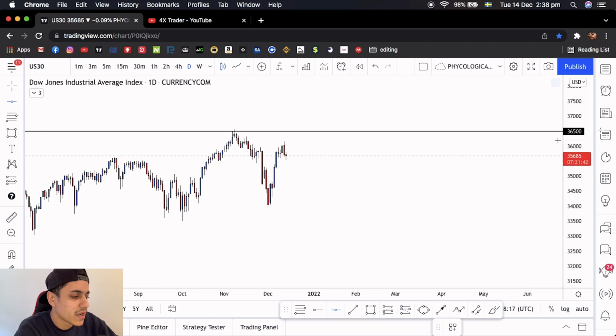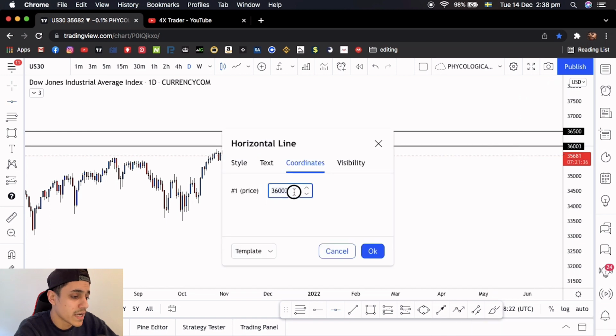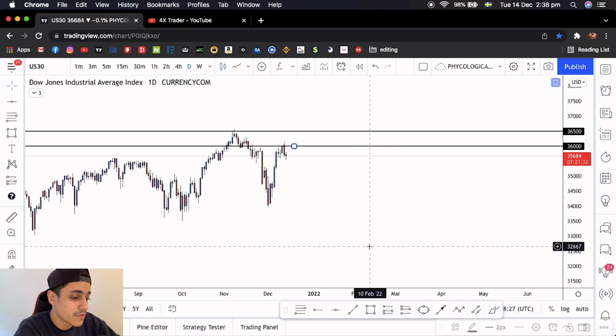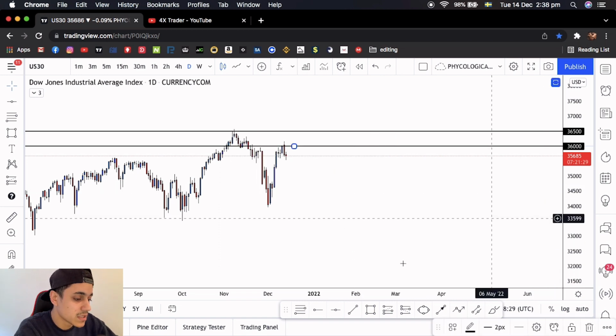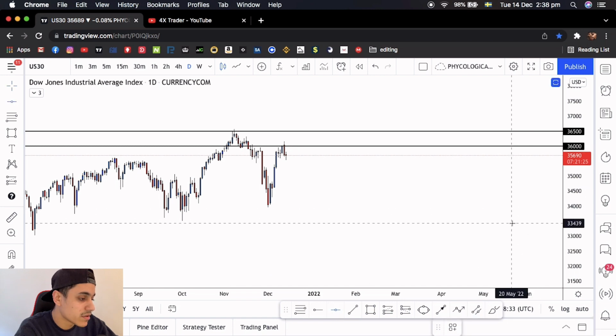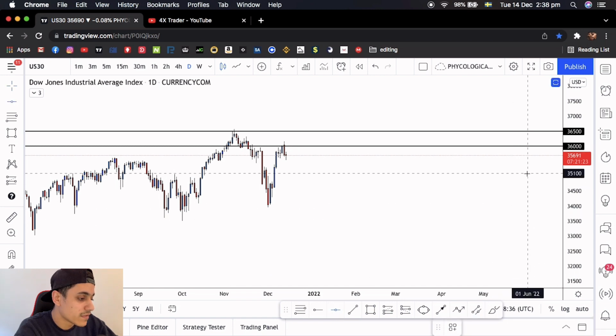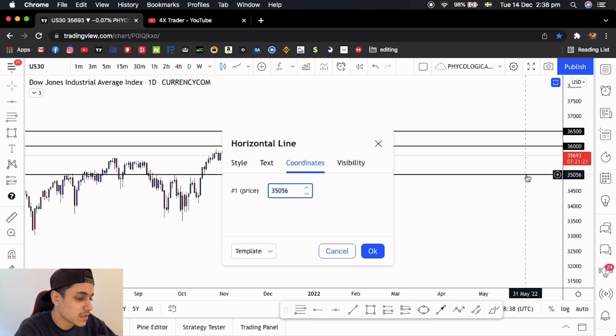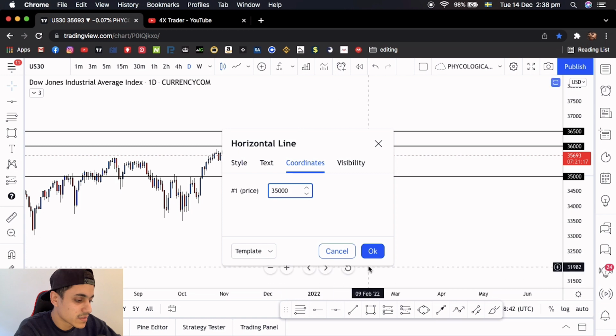So if you just take your horizontal lines, this is what I do. We have a line at 36500. Now we can put a horizontal line at 36,000, and we can put another horizontal line at 35,000 right there, and you can just adjust the number to 35,000.